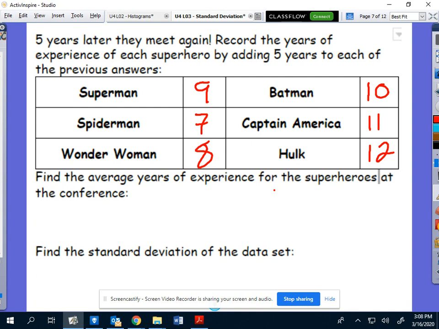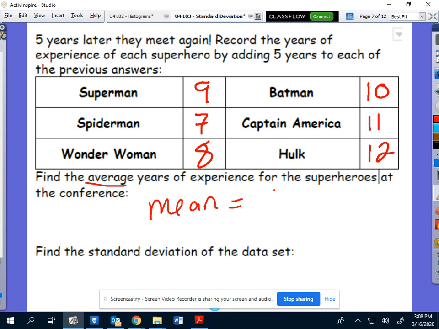And that might sound like a dumb question to you guys, but it's actually something that's important to think about, because if we type these values into Desmos and we asked you to find the average, aka the mean, right?